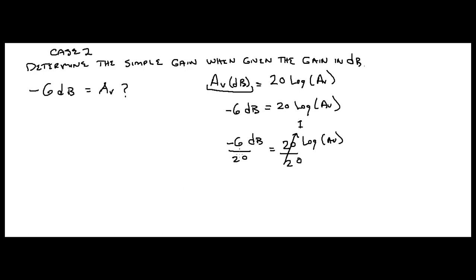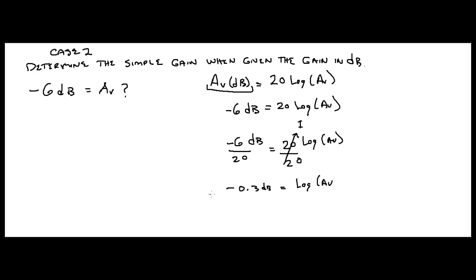This one right here, let's just rewrite it, shall we? It's going to equal minus 0.3 dB is equal to log AV. If you recall, minus 3 was 0.15, so minus 6 is just going to be double that.